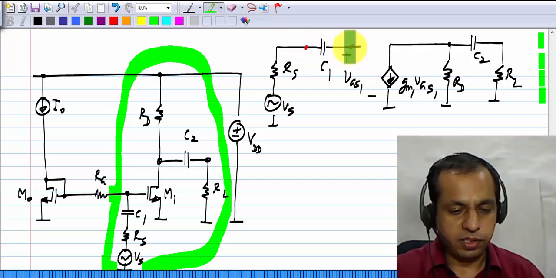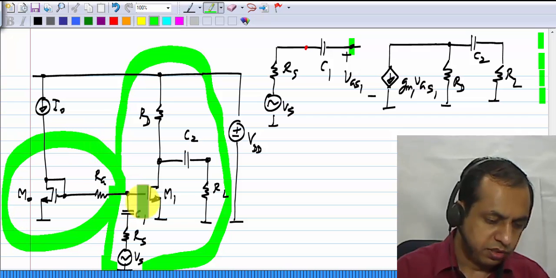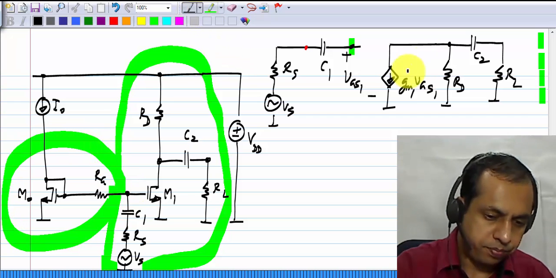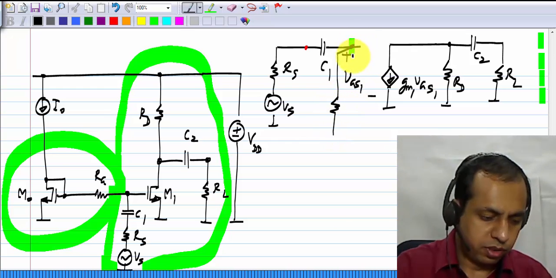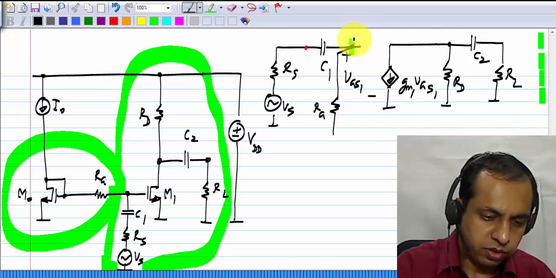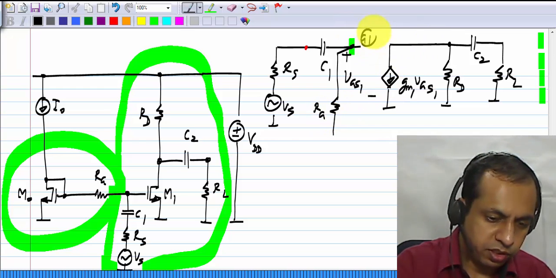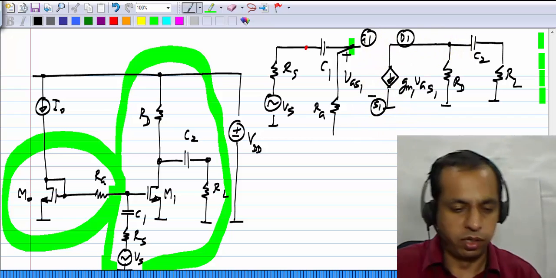Now we have something else connected to the gate of the transistor, that is this part of the circuit. From the gate of M0 to M1 we have RG. Let me also label these. This is G1, D1 and S1, meaning that they are the gate, drain and source of the MOS transistor M1.